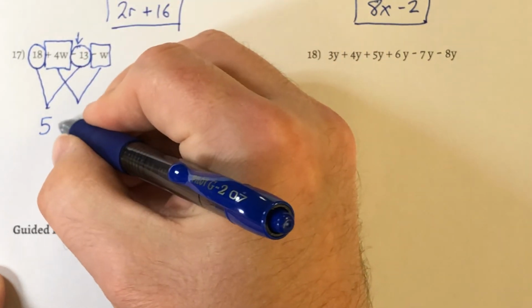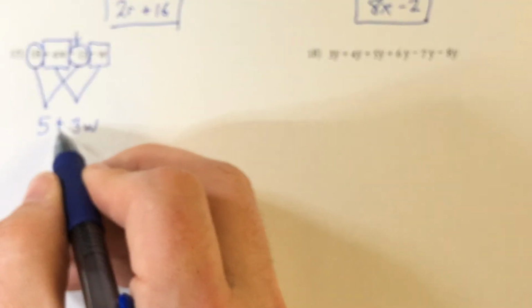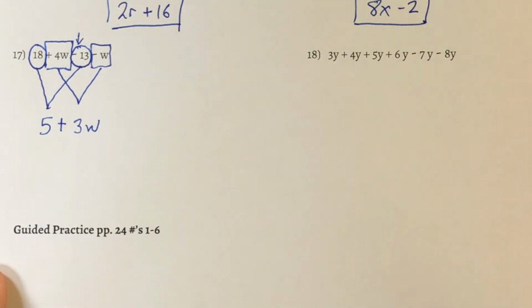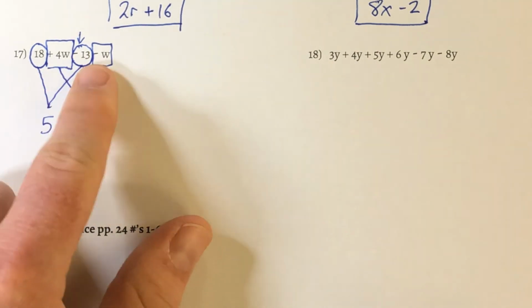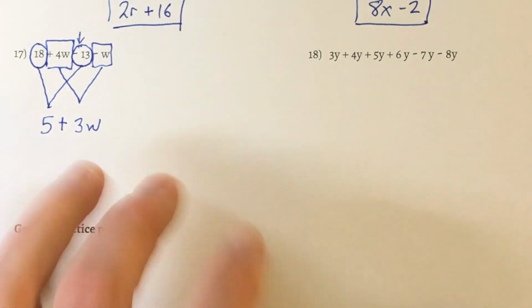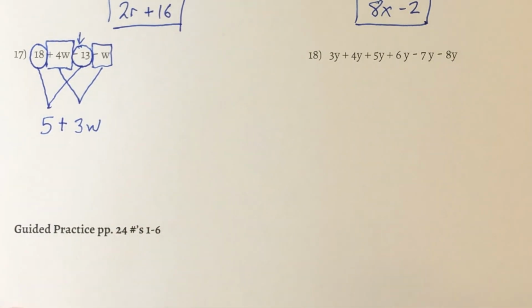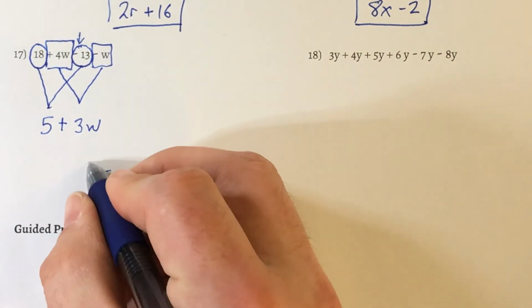Your sign that you put in between will always be positive unless you bring down a negative number or unless you get to the point like 7th grade and on where you actually add and subtract and deal with negative numbers. We're not to that point in 6th grade, so with 6th grade standards, you're not going to deal with negative numbers. So our answer is 5 plus 3w.